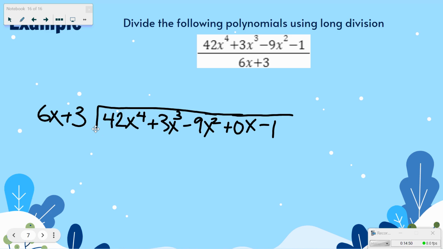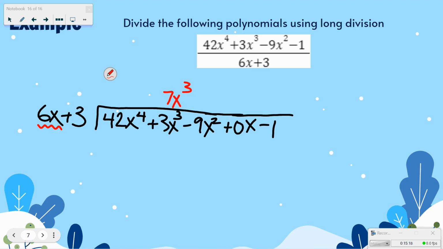I really think about the first term here would get us 42x to the 4th. Great job, Evan. And I want to make sure I line up my like terms, so x cubed over my x cubed. Now remember, you only got 4 down here next. We did 1 times 4, got me 4 down here before we subtract it.